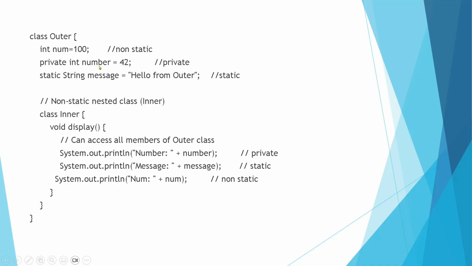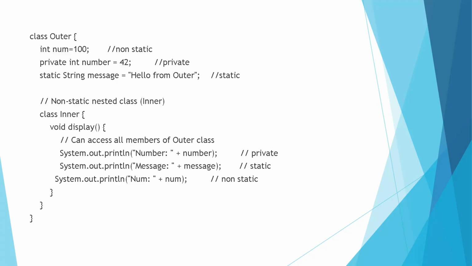Second variable is num, and it is private, as before the initialization of this variable we have given the keyword private. That's why this variable becomes private. Now before this String message, again the keyword is given as static. It means that this is a static data member for the outer class.